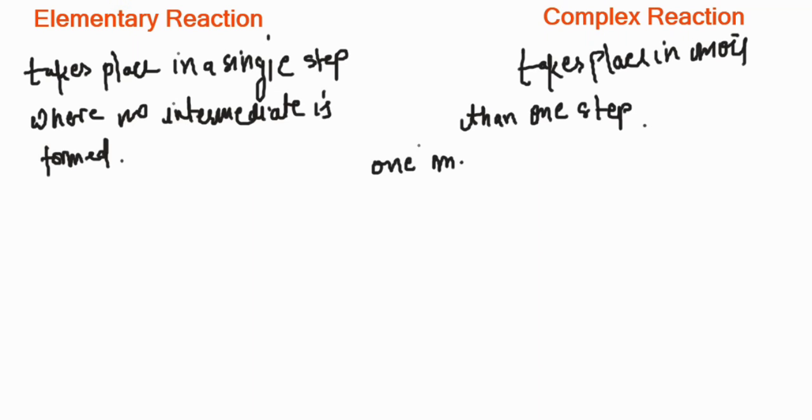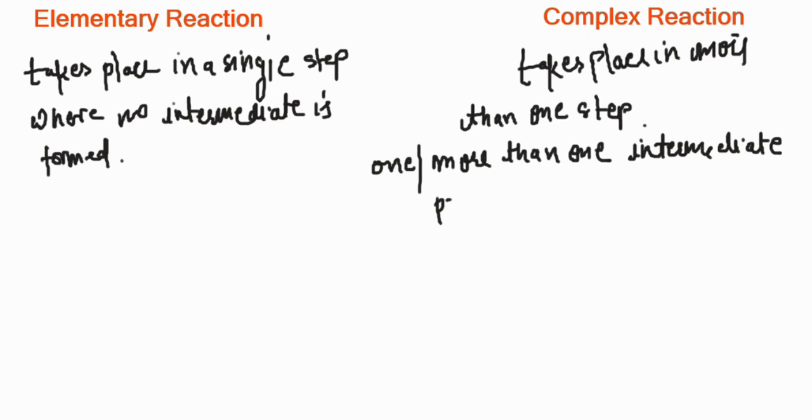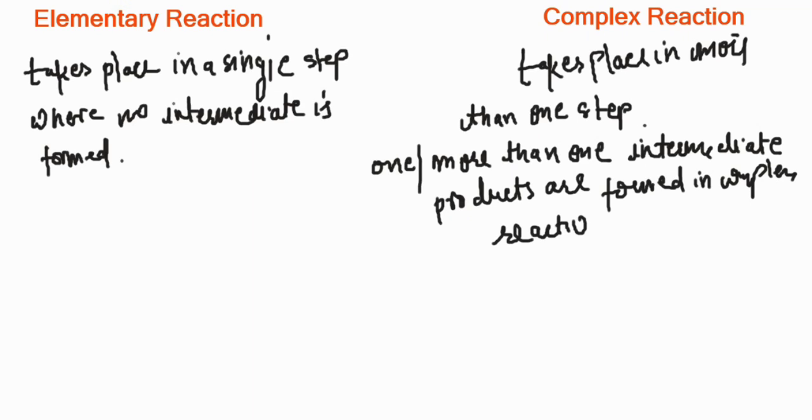One or more than one intermediate products are formed in a complex reaction. Okay, more than one intermediates are formed in the complex reaction, that we call the complex reaction.